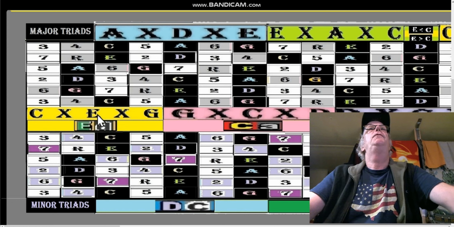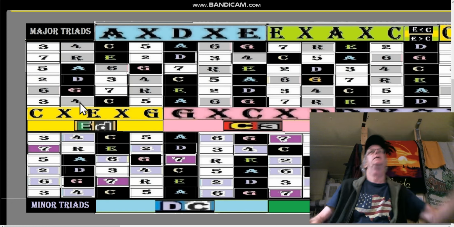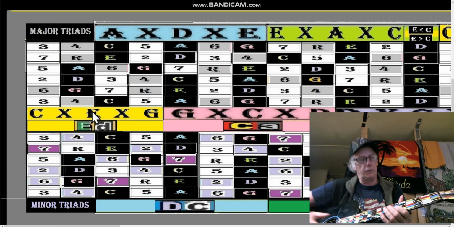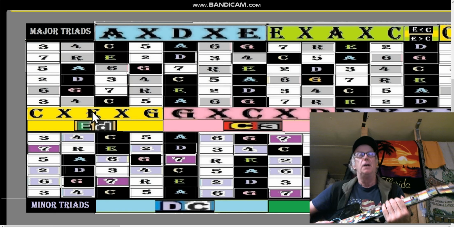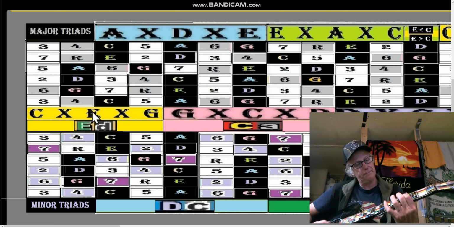Now the relative of this Lydian fourth here is going to be an E shaped fourth, so pentatonically it's this. Diatonically, it's the C scale.